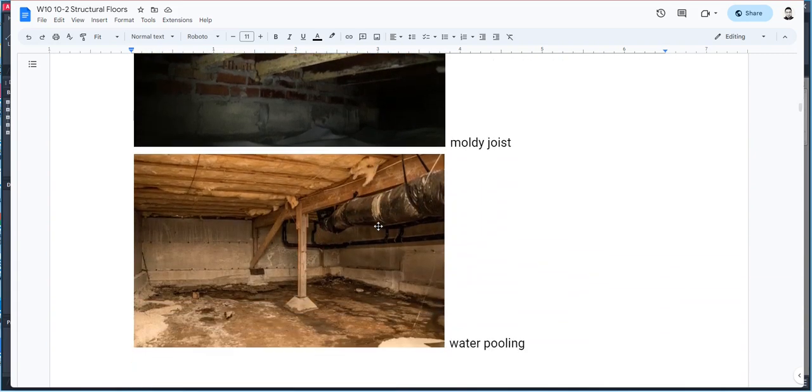Sometimes, if the ground is too porous and moisture creeps in like crazy, it would pool and create a small pool of water, and that water will attract insects and cause an infestation inside that crawl space.